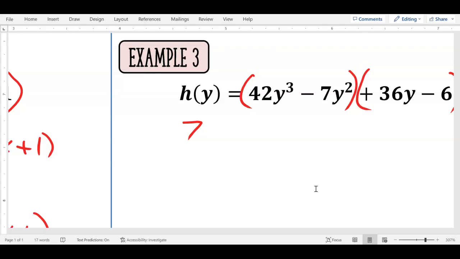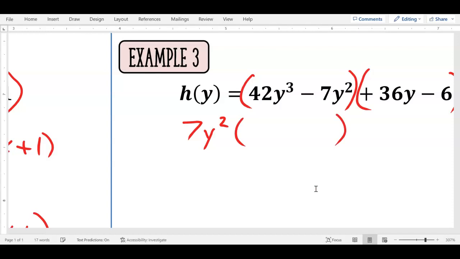Now, real quick. Every single one of these problems has the same pattern. Y to the third, y squared. How many do they have in common? 2, right? So it's going to be y squared, okay? 7 is my lucky number. So now in the parentheses, we have to divide.